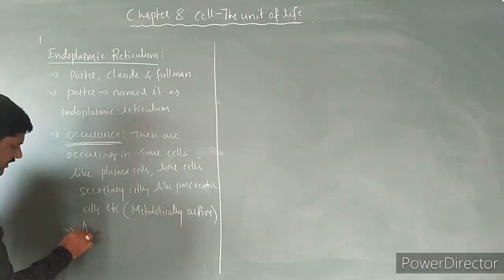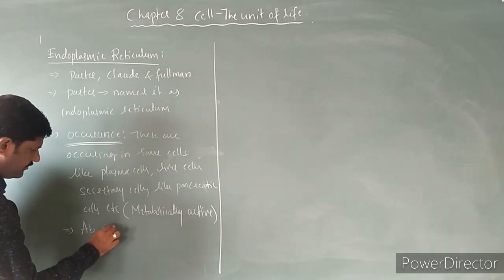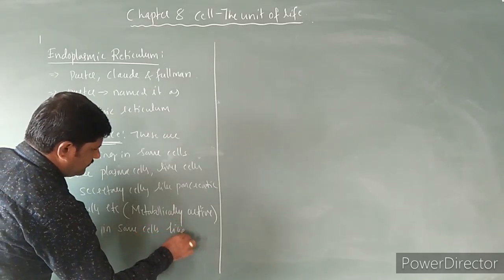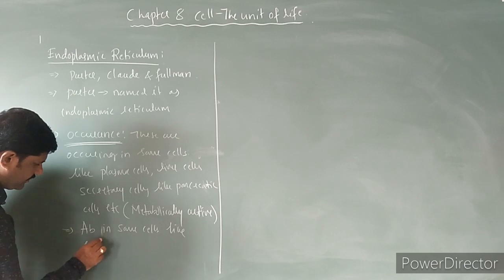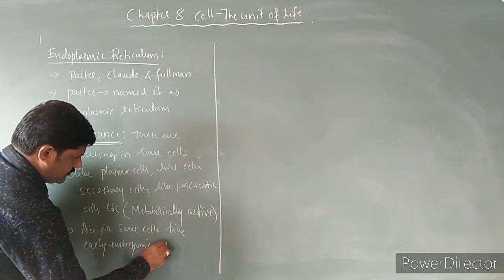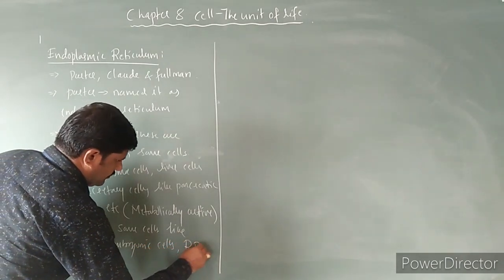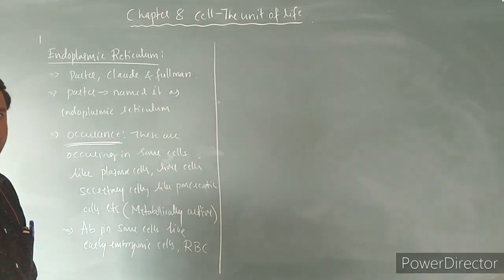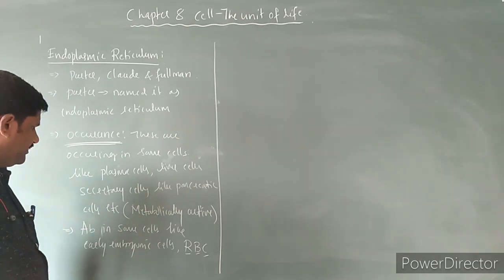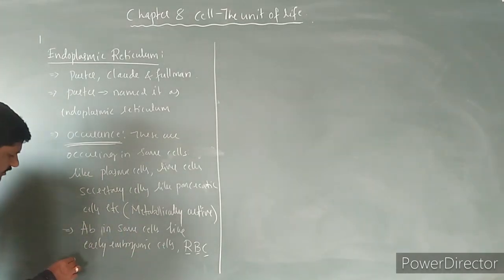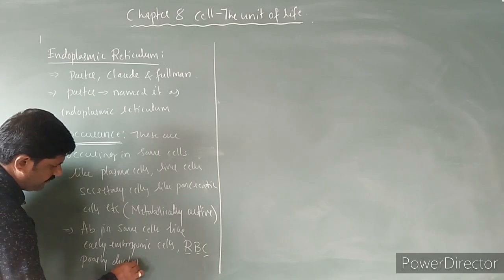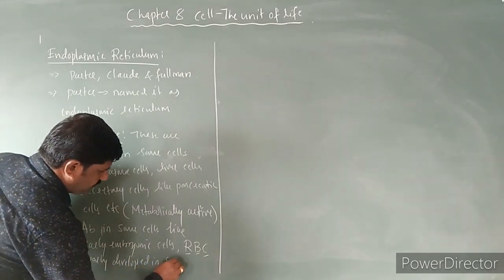But these are absent in some of the cells. Some cells like early embryonic cells and RBCs, red blood corpuscles. They are absent in embryonic cells, and they are poorly developed in spermatocytes.